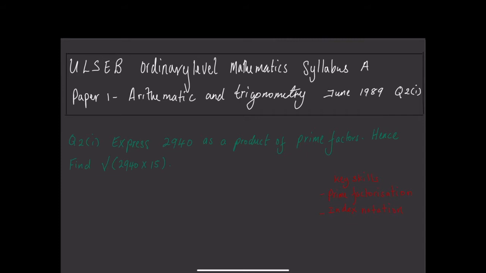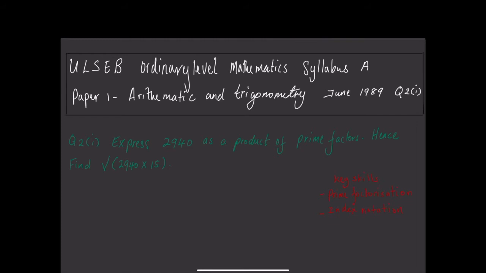All right, let's continue. You don't see this question anymore at GCSE. I've never seen this question before in all my time of teaching, but it's quite an interesting question. It shows you how you can use prime factorization to take the square root of a number.